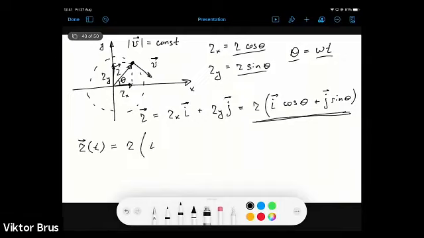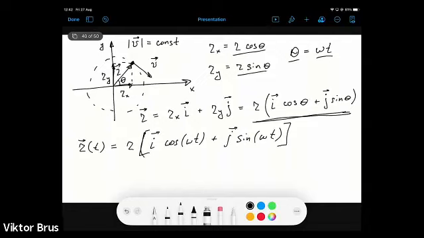And that will be i unit vector times cosine omega t plus j unit vector times sine omega t. Okay, so now we have what we need. We have the time dependence of the position vector.